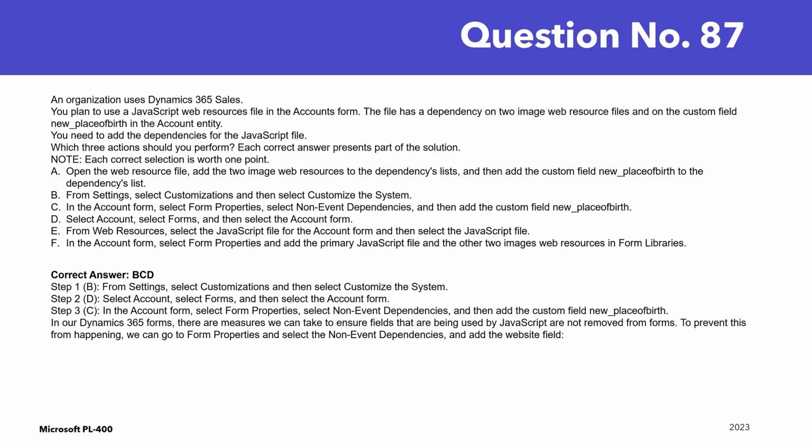D. Select account, select forms, and then select the account form. E. From web resources, select the JavaScript file for the account form and then select the JavaScript file. F. In the account form, select form properties and add the primary JavaScript file and the other two image web resources in form libraries. Correct answer: B, C, D.